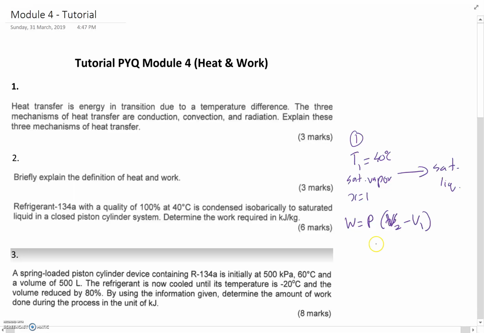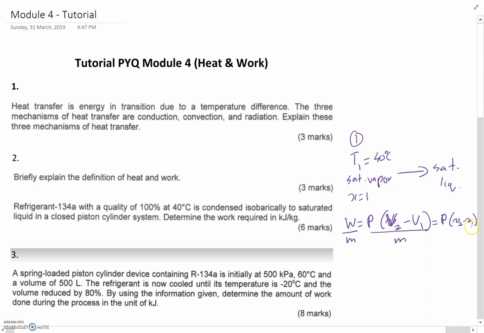If you divide by mass, you will get the small letter work, which equals P times (specific volume 2 minus specific volume 1).